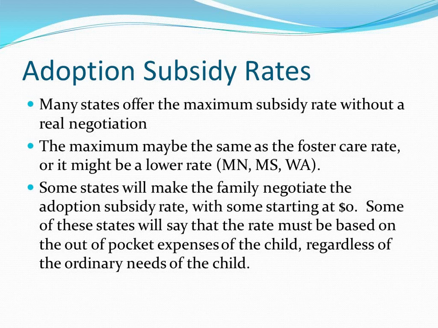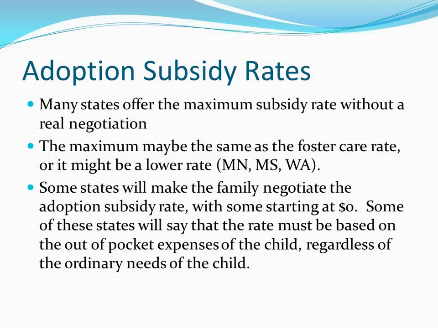Some states will make the family negotiate the adoption subsidy rate, and some of those start at 0. Some of them start at a higher amount, and this can be a very challenging process, especially for relatives who more often than not are not familiar with the system.